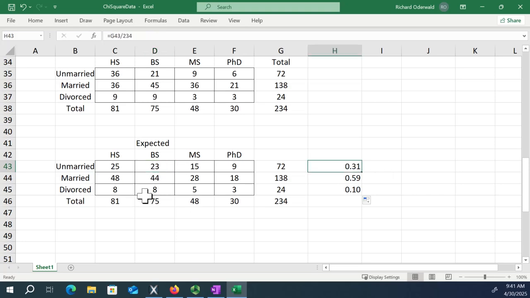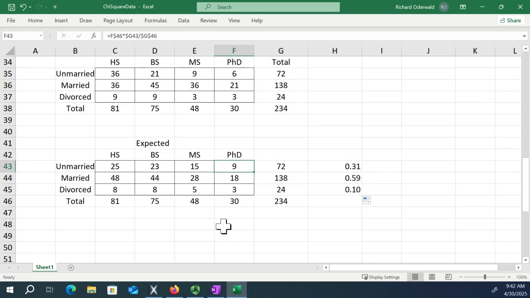So 31% times 81 should be 25. 31% times 75 is 23. 31% times 48 is 15. 31% times 30 is 9. That's the complication in the calculation. How do you get the expected values?